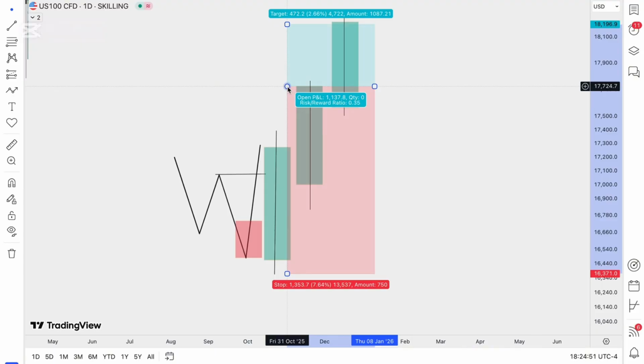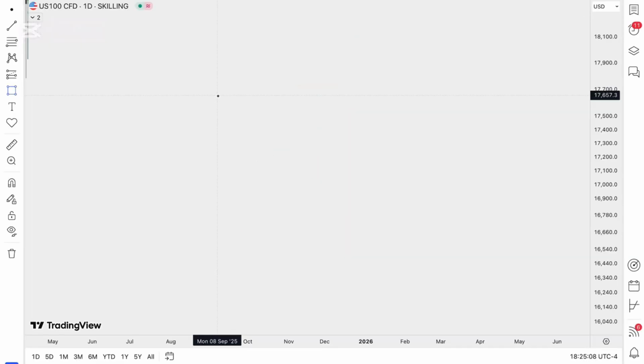So it all depends on what I want to do in that situation, right? So this is known as a breakout entry model. Very simple, very straightforward.